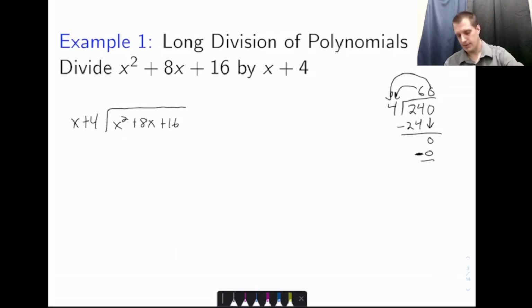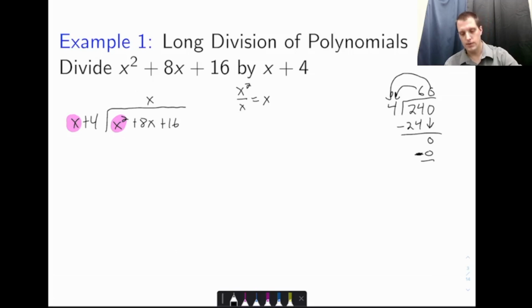All right, so our next step here is to see how many times this x goes into x squared. If we don't see it right away, we can just go ahead and divide them. X squared divided by x is equal to x. I'm going to write that x above my power of 1x because I like to line these things up because they help me to realize if there's been a mistake.